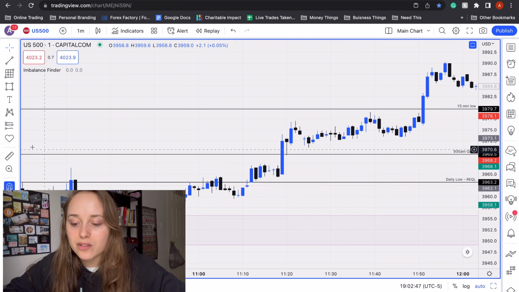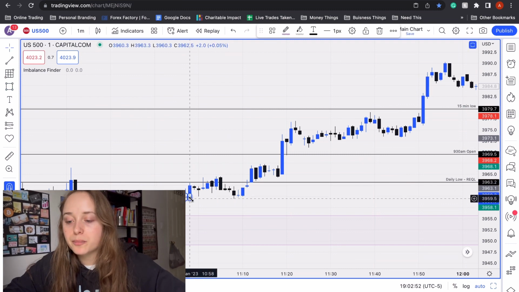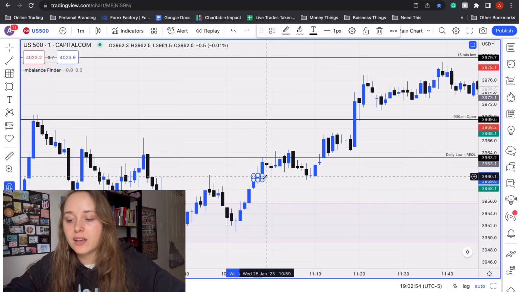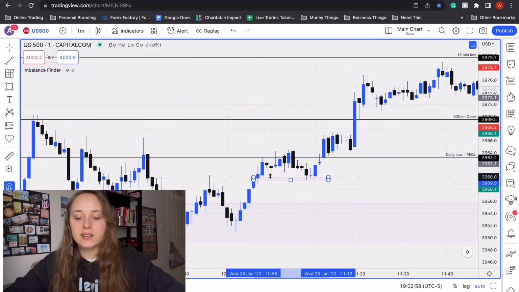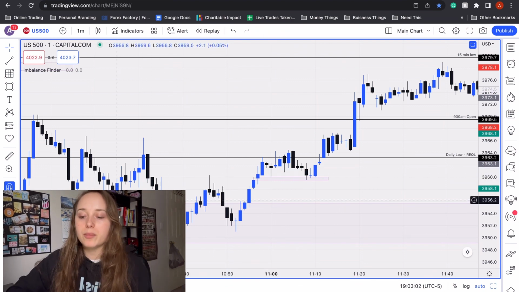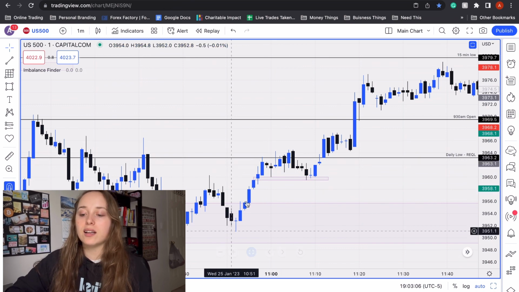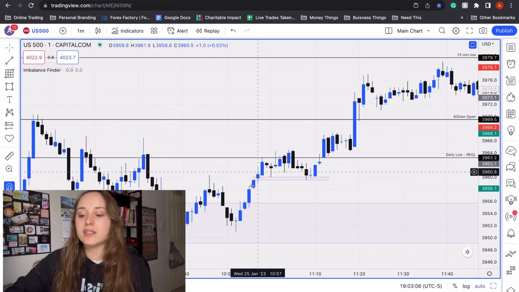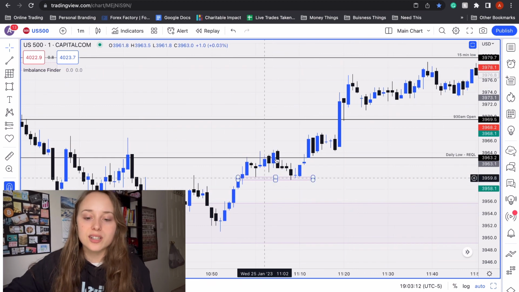So we actually have this volume imbalance / fair value gap that he was targeting here after we had just taken out a sell side liquidity, which would have been this fair value gap and the equal lows. We have a break in market structure, nice little run push, and he wanted to target this volume imbalance / fair value gap. Market comes back up, perfect entry.